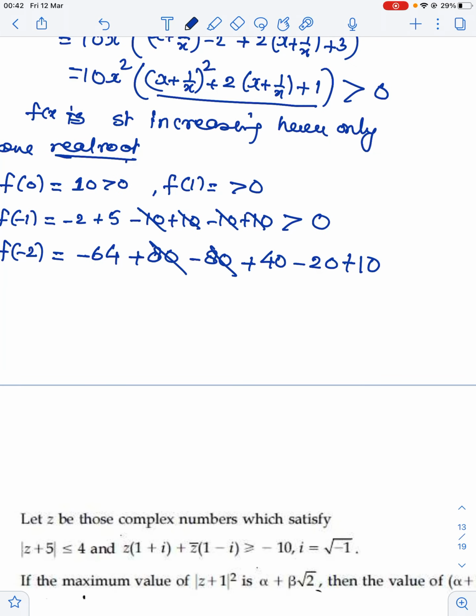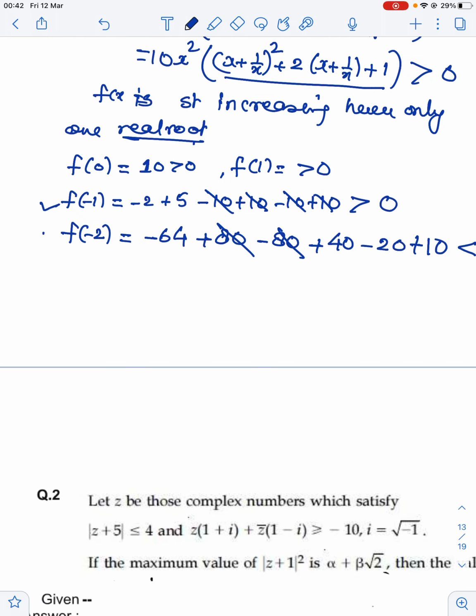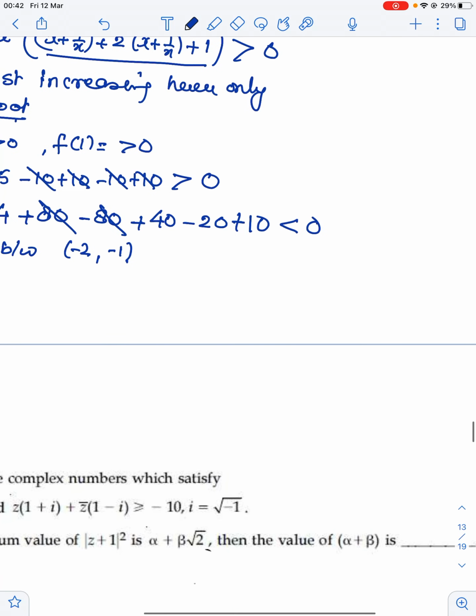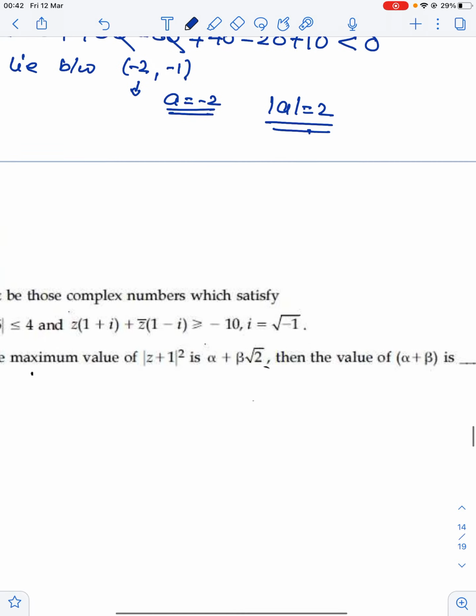So f of minus 2 is definitely negative. So the function is changing sign from f of minus 1 to f of minus 2. That means the root lies between minus 2 and minus 1. According to the question, it is lying between a and a plus 1. So this is our a. So a is equal to minus 2, hence mod of a is equal to 2. That's the answer.